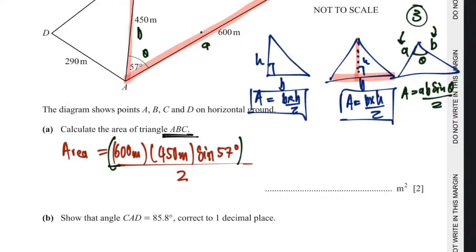Put the answer in the chat, everybody. Come on now. 600 by 450 by sine 57 divided by 2. What's the answer? What's the solution for area?